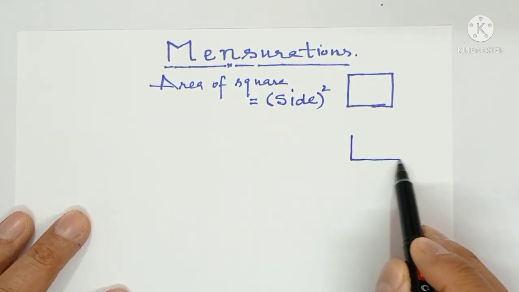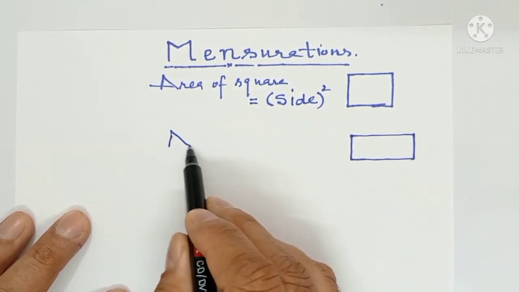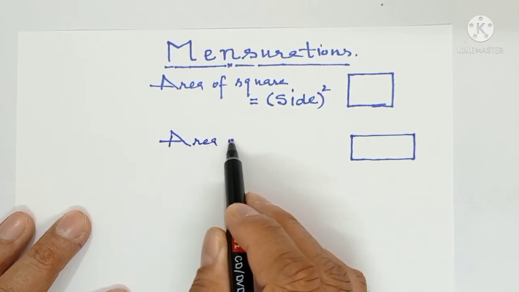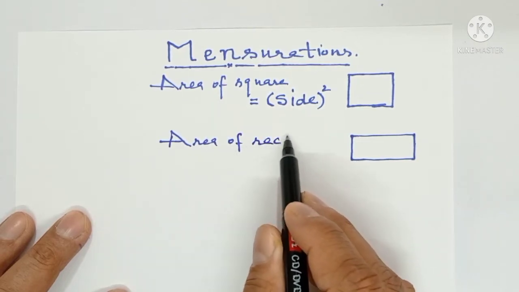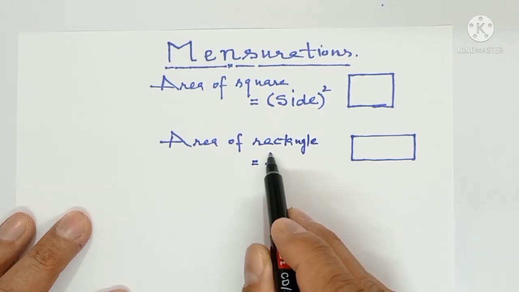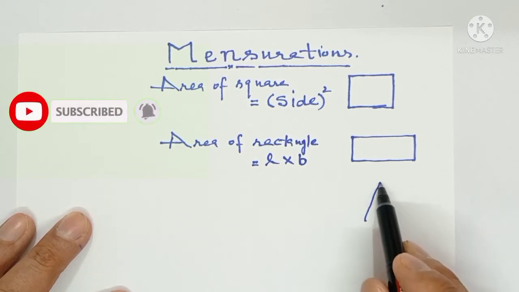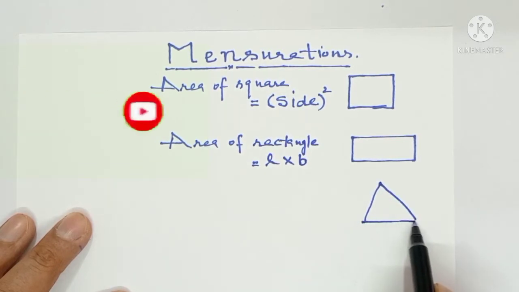This is a rectangle. Area of rectangle is equal to length into breadth. Then we had done triangle.